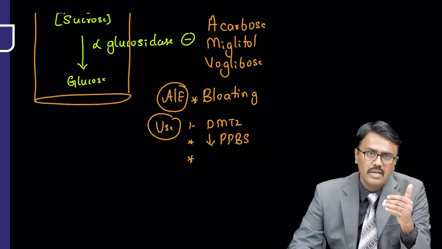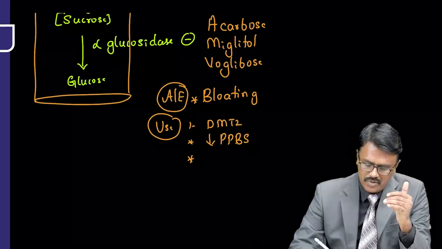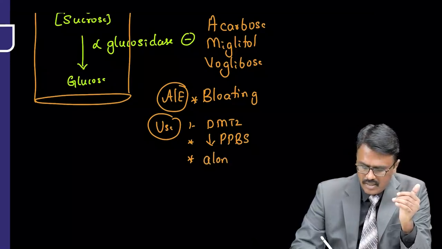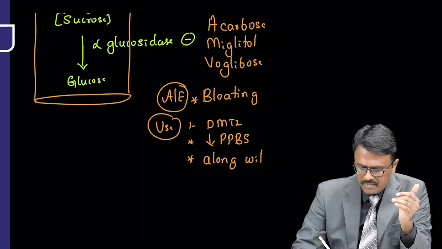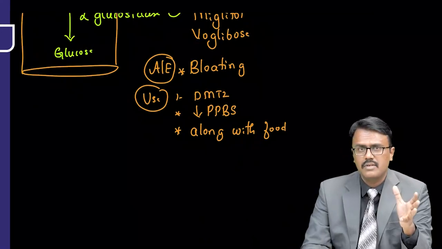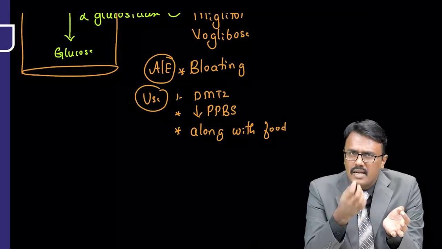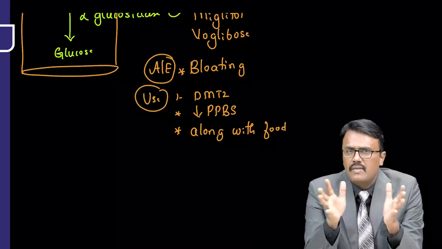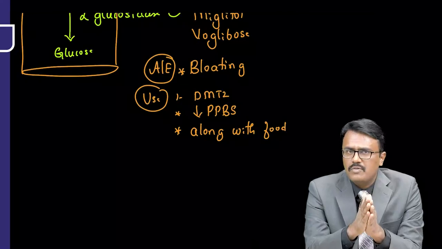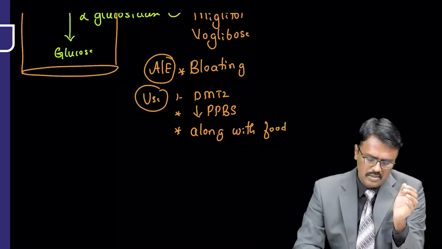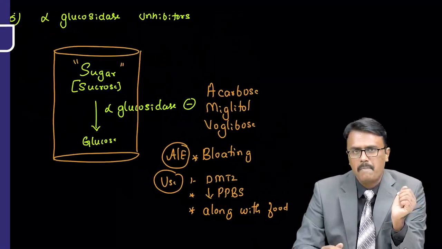So the drug has to be taken along with food. So how do you take these drugs? Along with food. First of all, the patient has to take 1 or 2 bites, then take the tablet and continue the meal. That is the meaning of along with food. So that is the alpha glucosidase inhibitors.